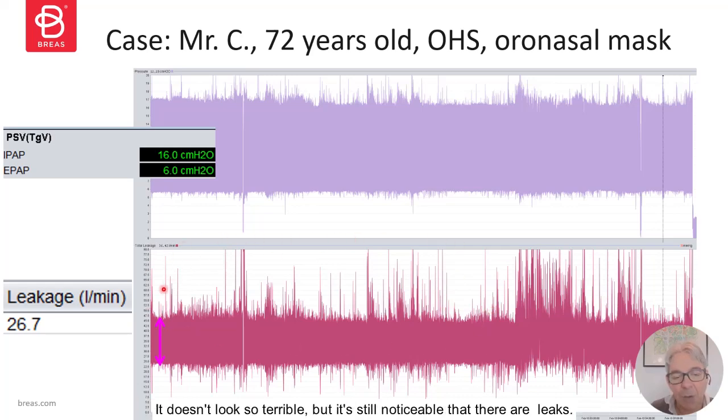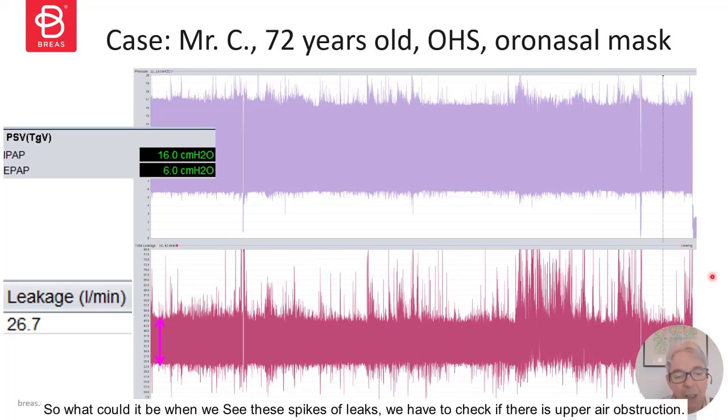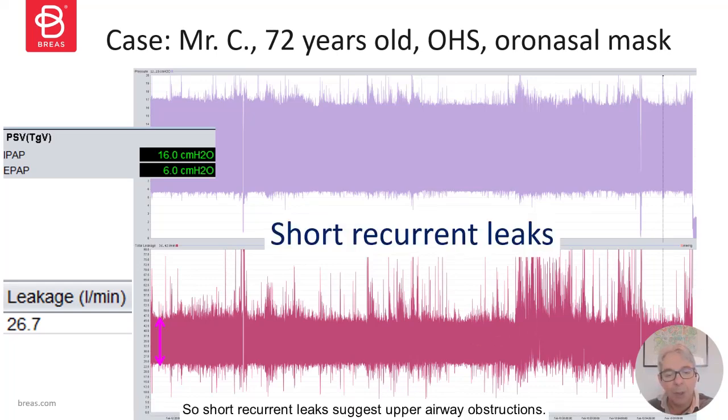It doesn't look so terrible, but it's still noticeable. So what could it be? When we see these spikes of leaks, we have to check if there is upper airway obstruction. So short recurrent leaks suggest upper airway obstructions.